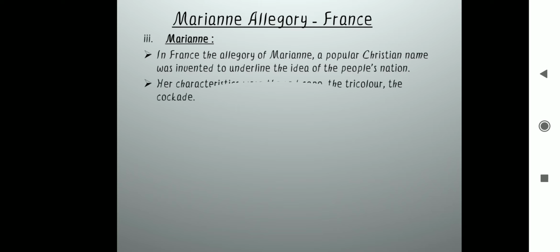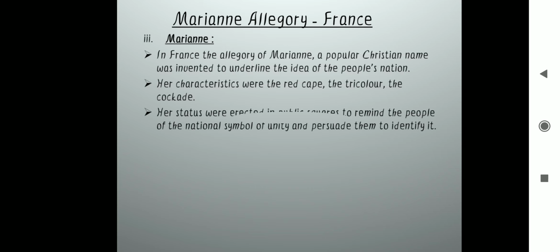Her characteristics were the red cap, the tricolor, the cockade. Her statues were erected in public squares to remind the people of the national symbol of unity and persuade them to identify with it. Her images were marked on coins and stamps.